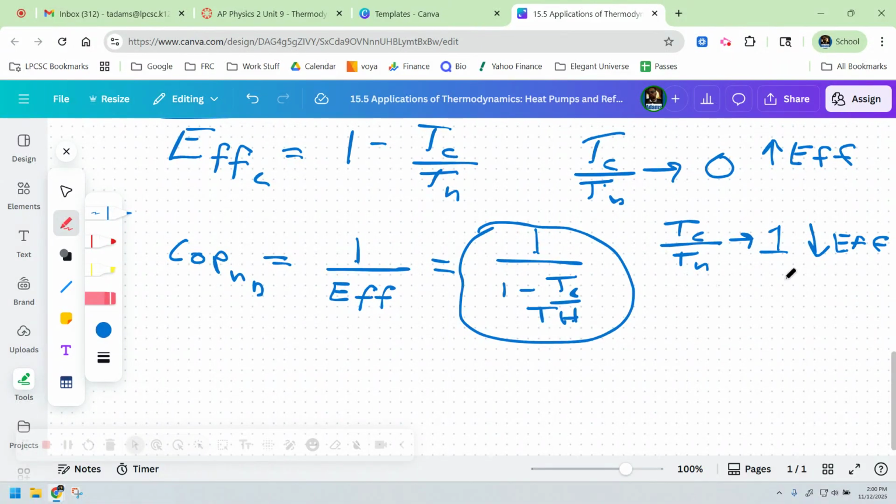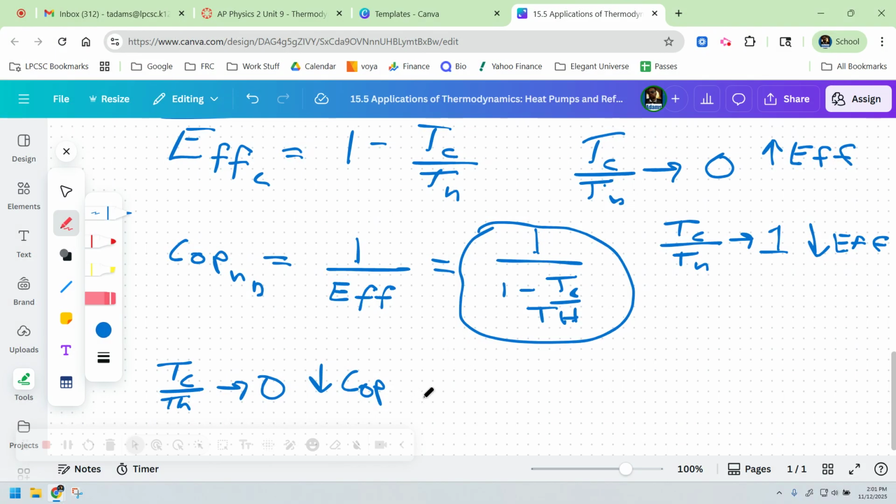So how does that have an impact on the coefficient of performance? If there's a high difference between Tc and Th, and that ratio approaches 0, you're going to have a very low COP, right? Because if this approaches 0, you have 1 minus 0, so it's going to be 1 over 1, right?